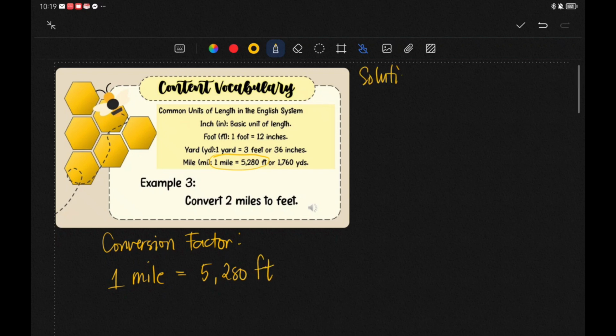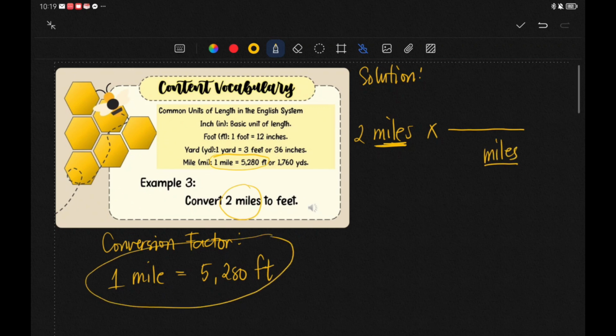Now for the solution, we're going to write 2 miles. Again, the unit of measurement we want to cancel should be in the denominator, and that is miles. In our conversion factor, we have here 1 mile and 5,280 feet.